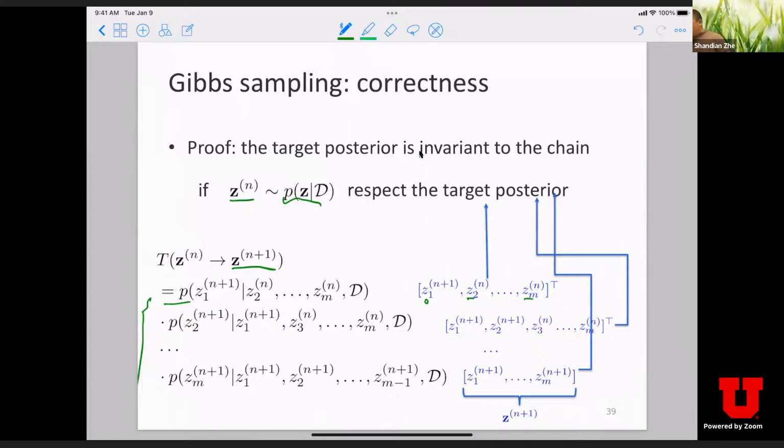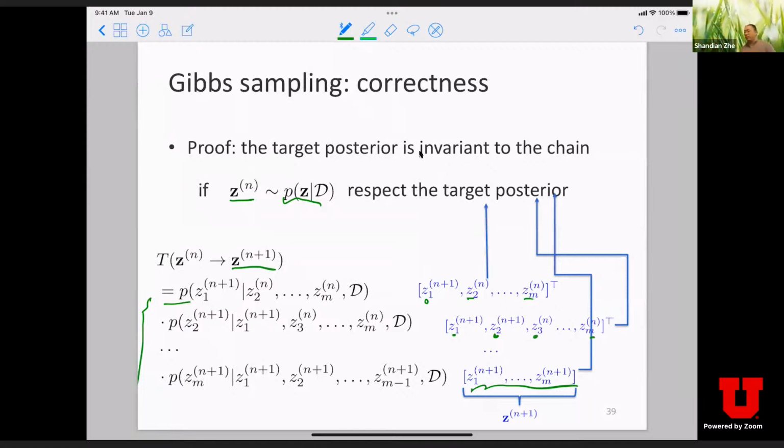The next intermediate state has a new sample for Z2 combined with the new sample for Z1 and old samples from Z3 to Zm. You continue to mix the new samples and old samples until at the last step you have new samples for every element in your Z. That's our observation if you conduct your Gibbs sampling.